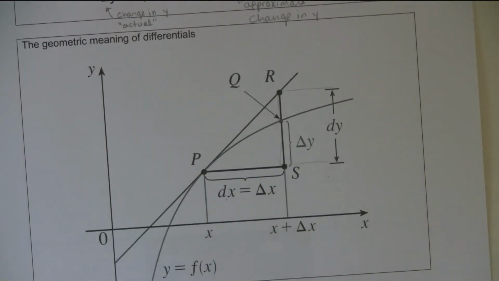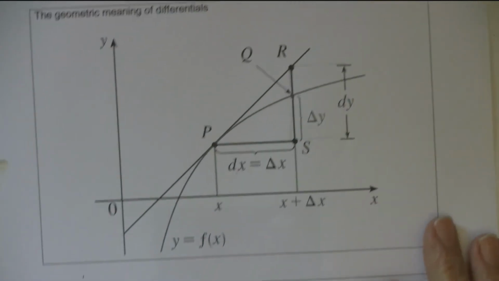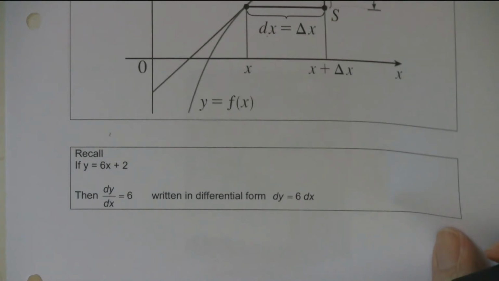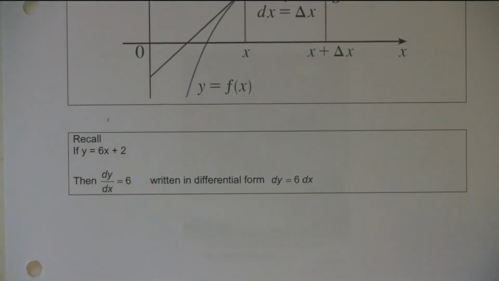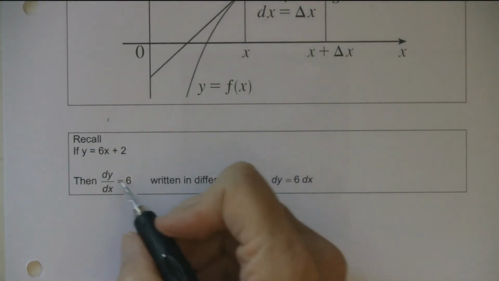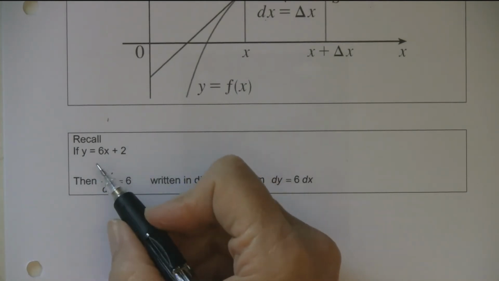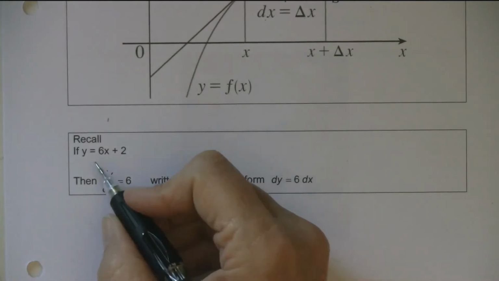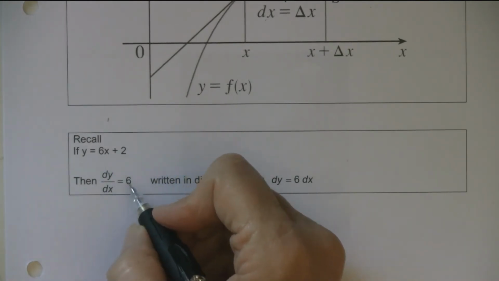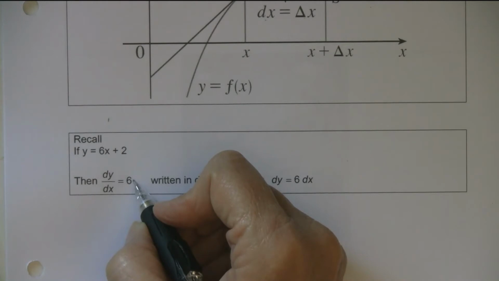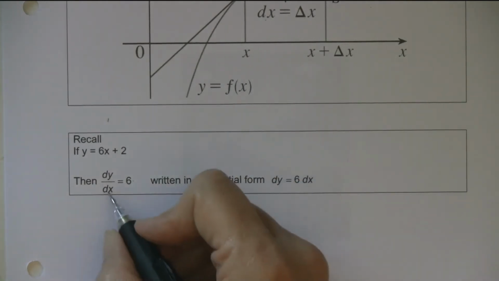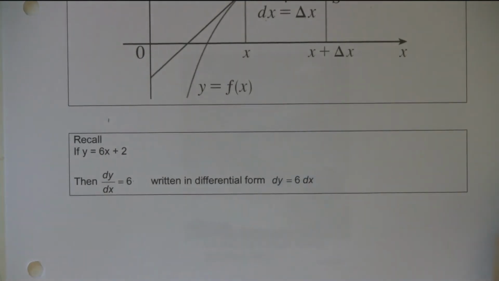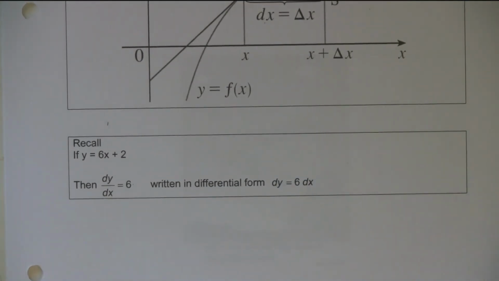Okay, so we're going to give a try just to some writing first in differential form, and then give a try to this story here. So this was, we had an easy one, y equals 6x plus 2. So if you take the derivative, then dy dx is equal to 6, right? And writing that in differential form is to instead write dy equals 6 times dx.